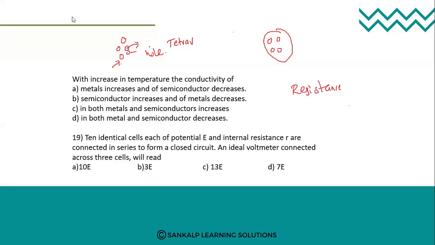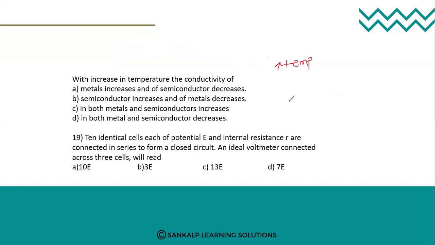Okay, for the previous question, question number 18, I want to correct that. When you increase the temperature in semiconductors, we explain this with a theory of the conduction band and valence band.